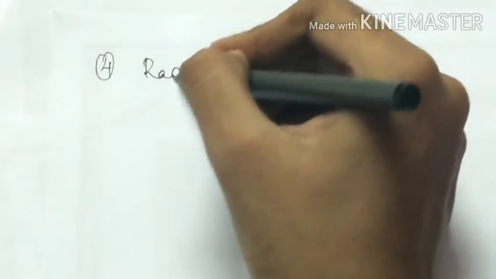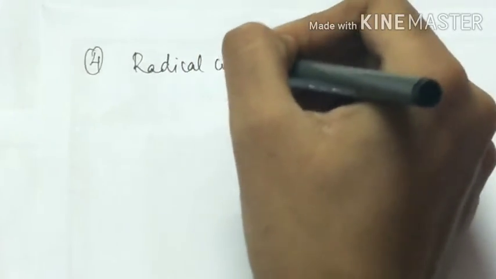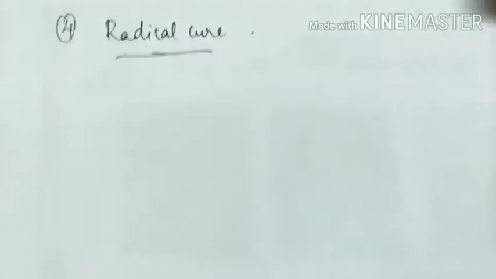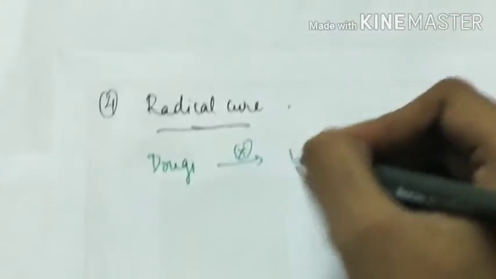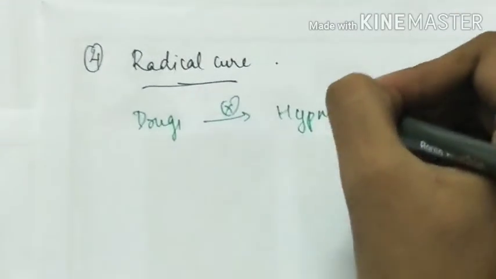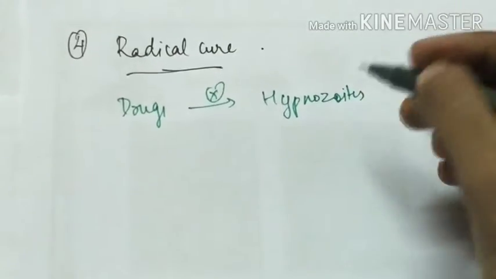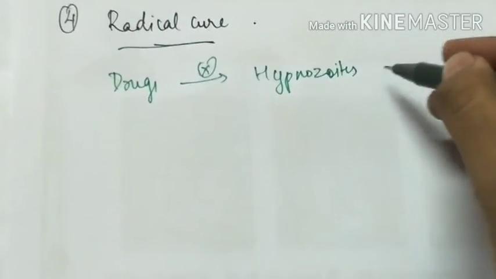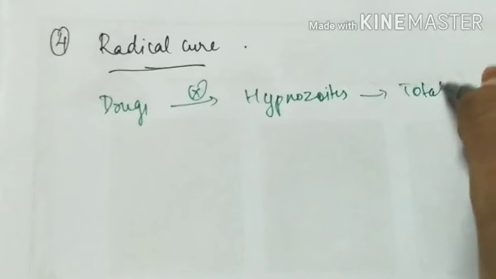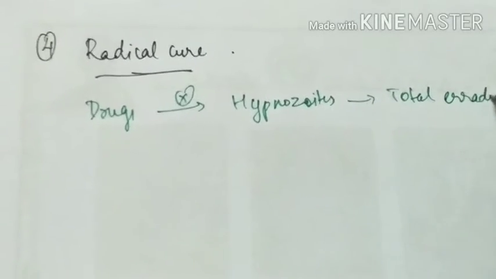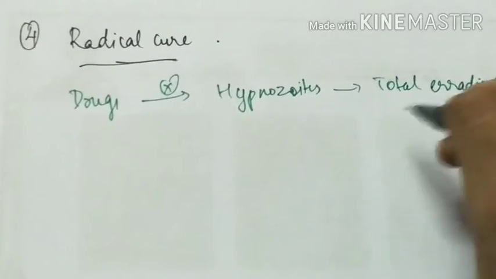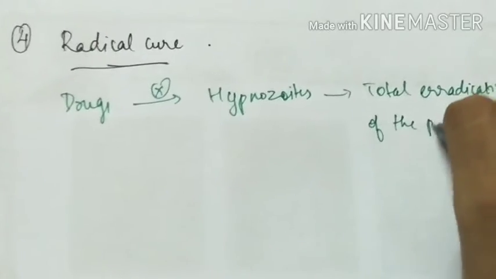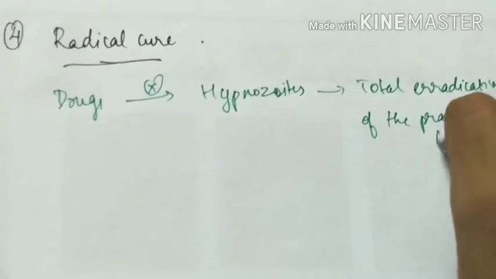The fourth is radical cure. Here drugs are given to inhibit the hypnozoites, the dormant stage in the liver. So this leads to total eradication of the parasites from the body.